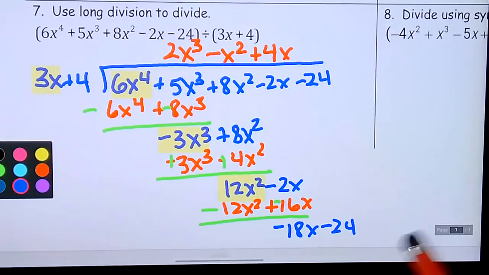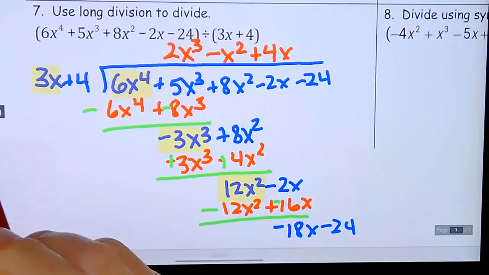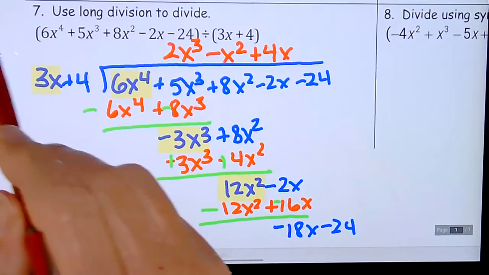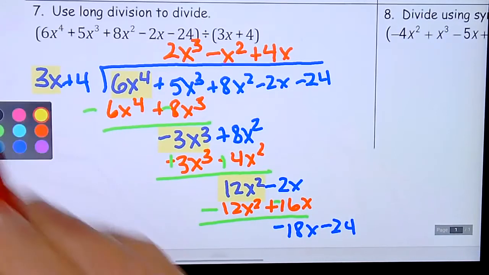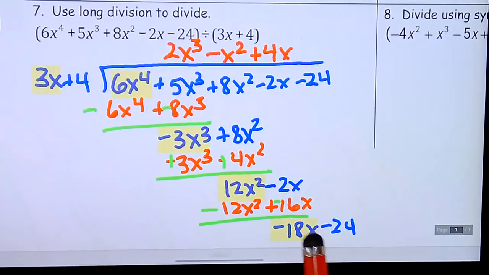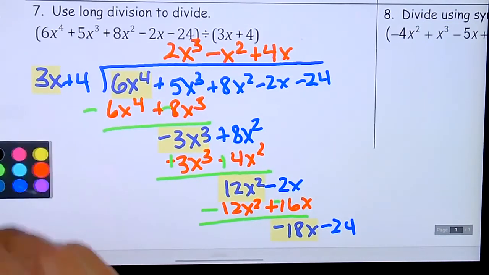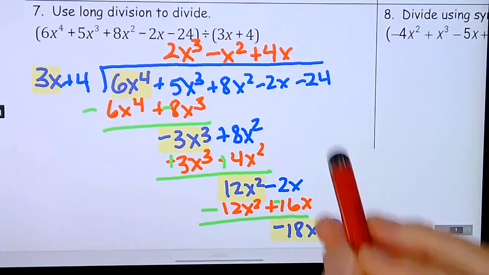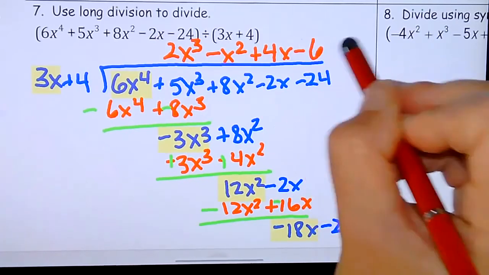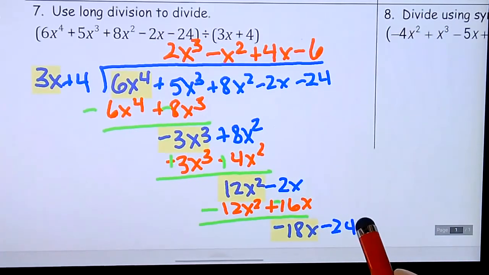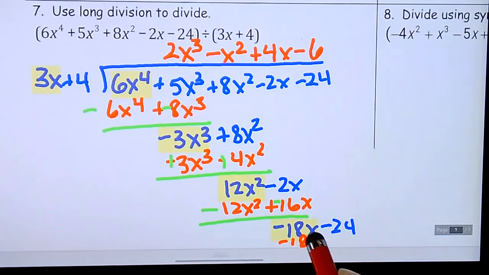Sorry, I'm running out of room here. So now I am again focused on this lead. And so a 3x times a negative 6. So that's going to be a negative 18x. And a negative 6 times a 4 is a negative 24.